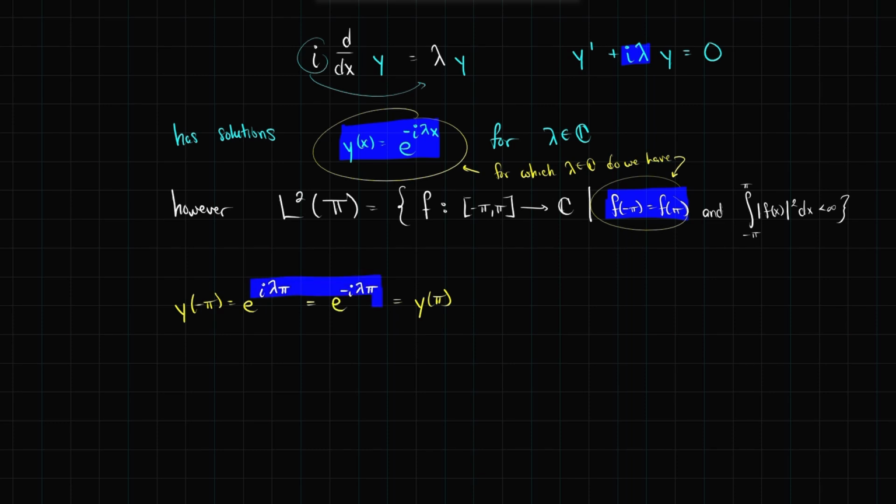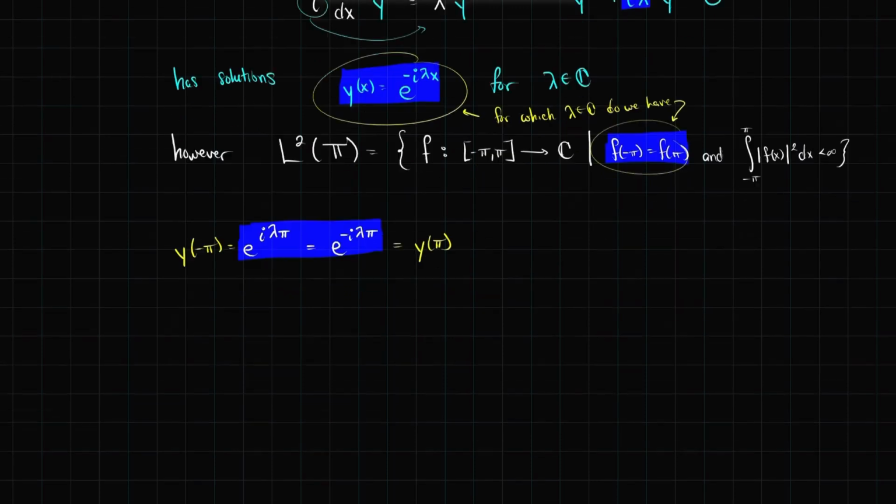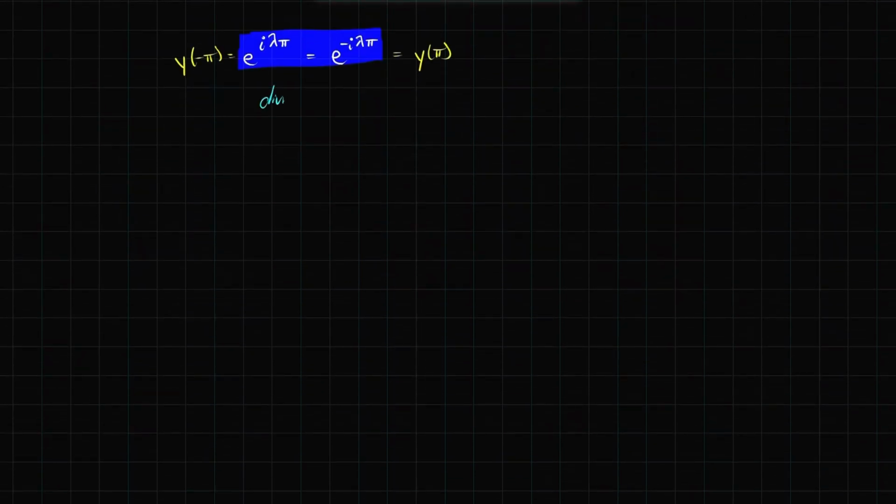So I need this to be true. And how can I rearrange that? I could divide both sides by e to the minus i lambda pi, same as multiplying by the positive, and we end up with e to the 2 pi i lambda equals 1.